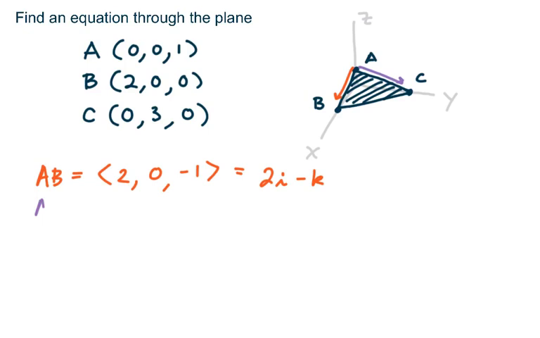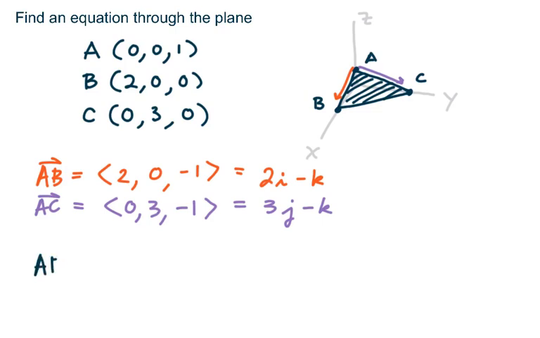And AC is the vector 0, 3, negative 1, or rather 3j minus k. So these two vectors, AC and AB, are forming this triangular plane. And if we cross product them, we're going to find the vector that's normal to the plane.